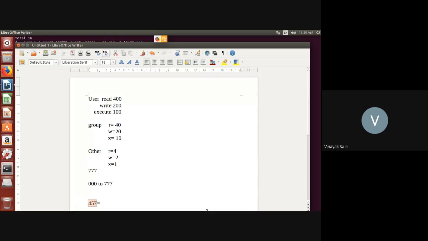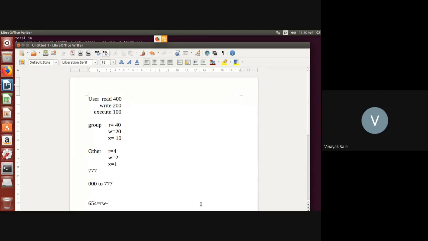Suppose given as 654, the first digit is 600, so check which two permissions add up to 600, that is read and write. So 6 means read and write permission, RW, there is no execute.